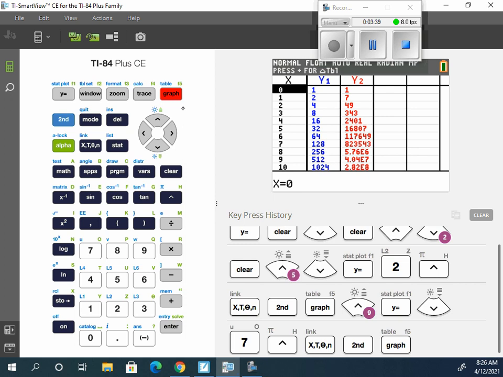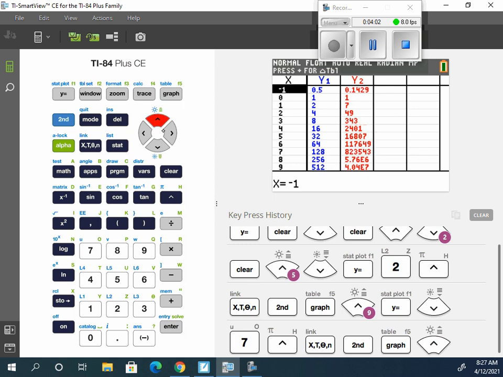Well, heck, I haven't even gotten 7 to the 4th, and I'm already in 4-digit numbers. So these functions here increase at what we call an exponential rate. When we talk about something that increases faster and faster, we call it exponential growth.